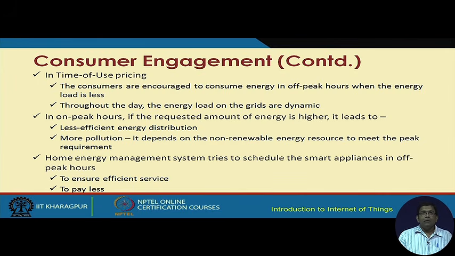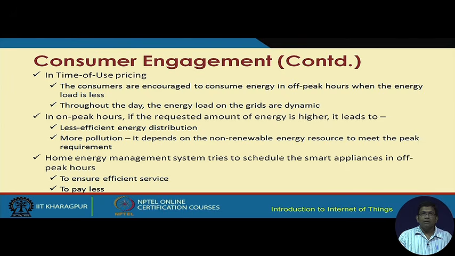In time of use pricing, basically what happens is the consumers are encouraged to consume energy in the off-peak hours when the energy load is less. So, it benefits both the service provider as well as the consumers.